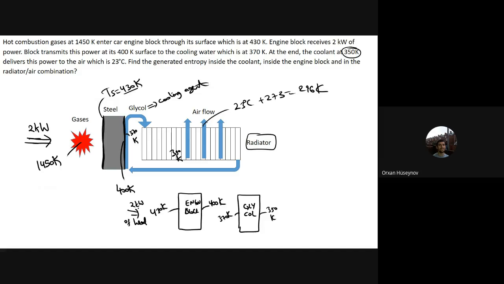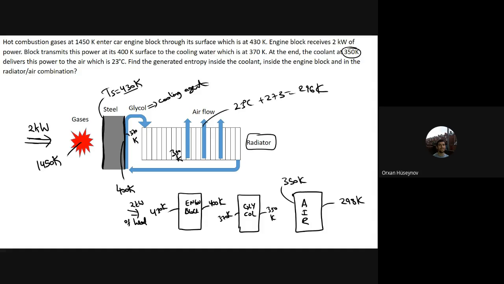So this is the heat from the engine block that is cooled by the glycol, and glycol gets that heat at 370 Kelvin, and it transfers it when its temperature is 350 Kelvin to air. Here you will have the air. For the air part, it receives the heat at 350 Kelvin, and it ends at 298 Kelvin. This is the system.